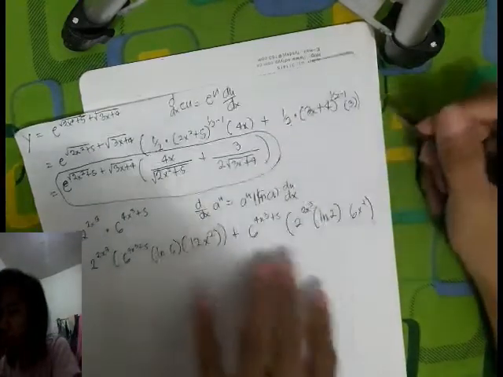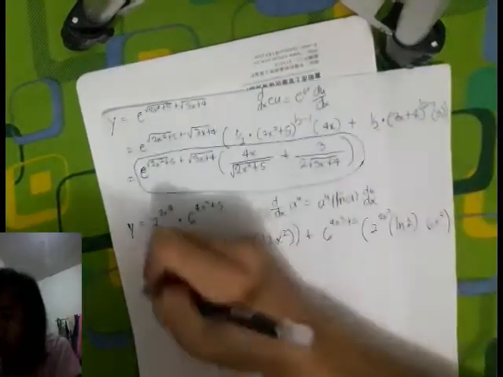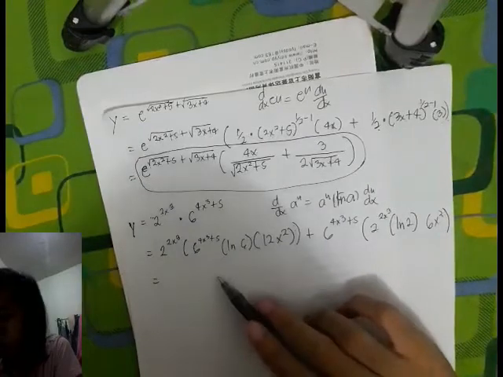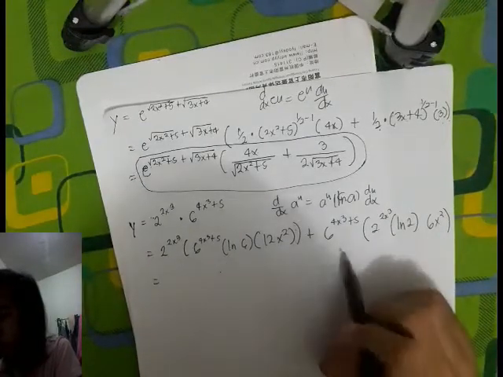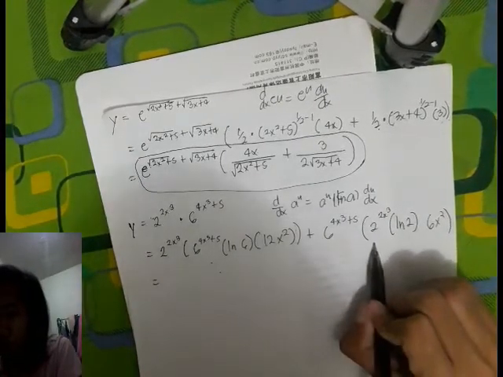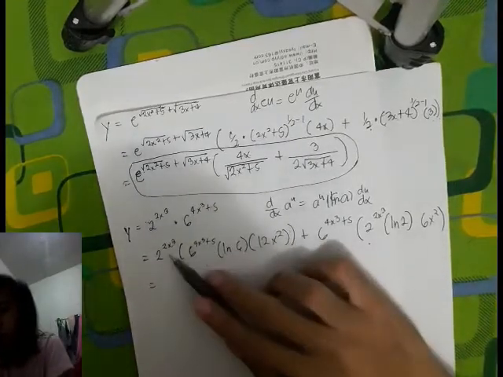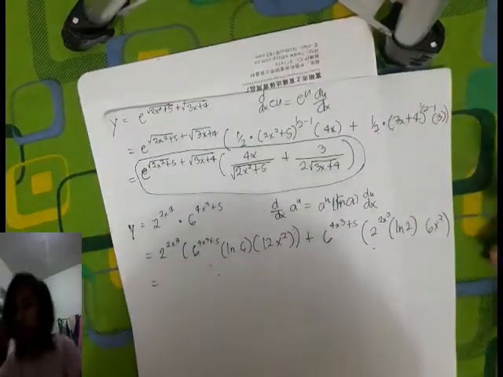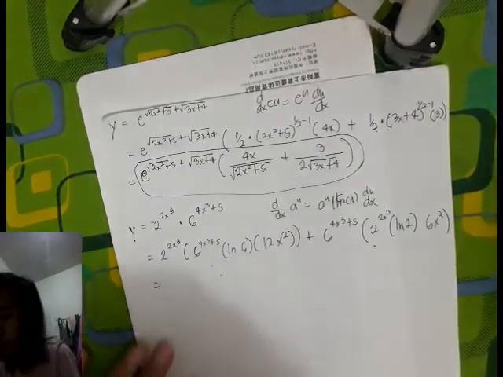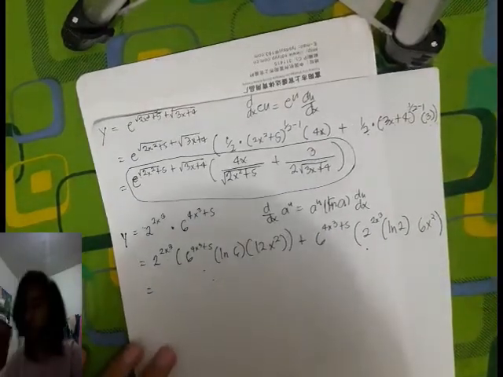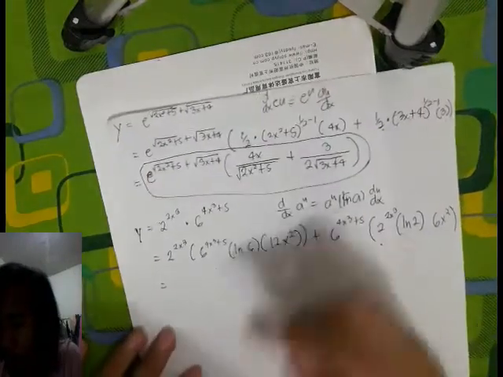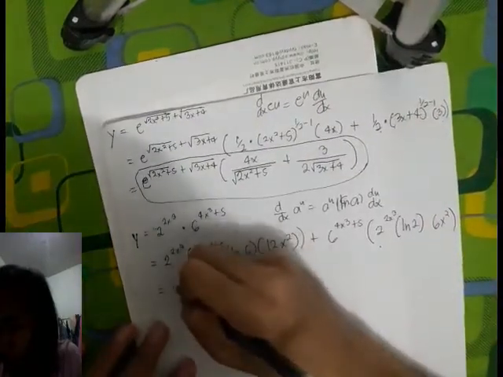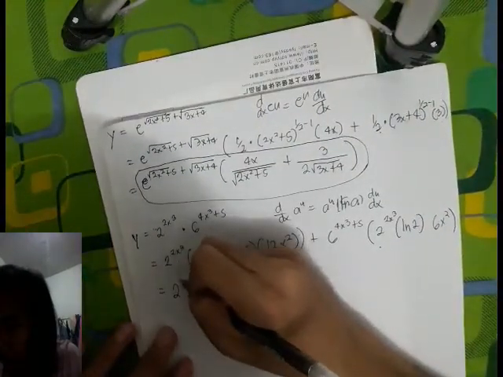Now we can cancel both sides with 2 to the power of 2x cubed and 6 to the power of 4x cubed plus 5, and 6x squared.